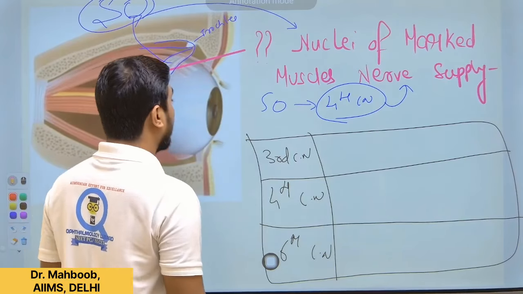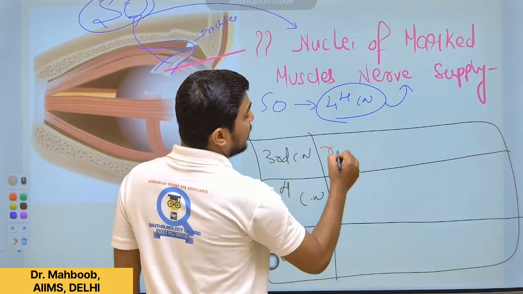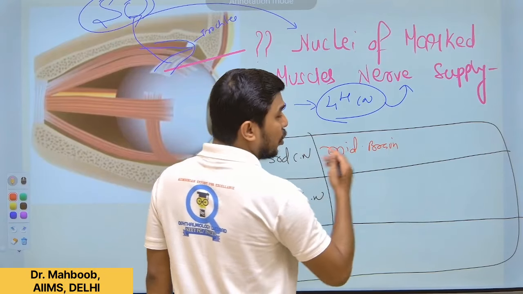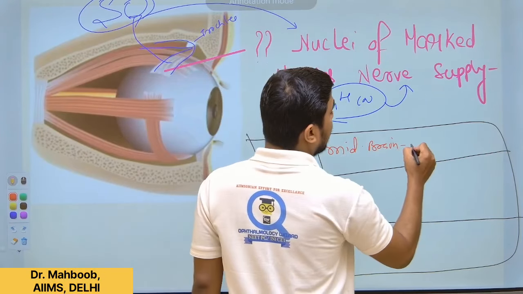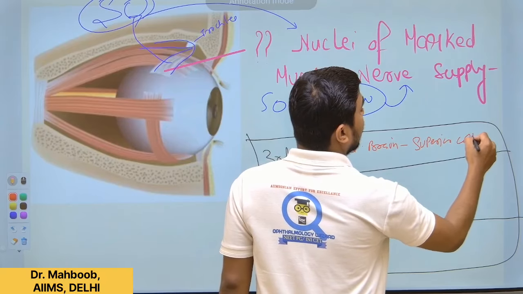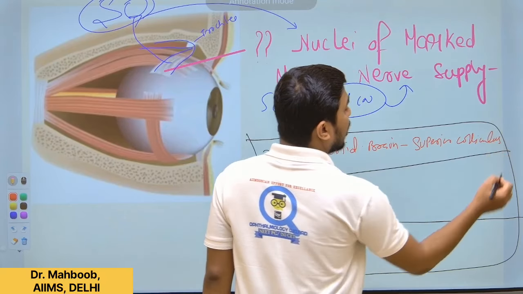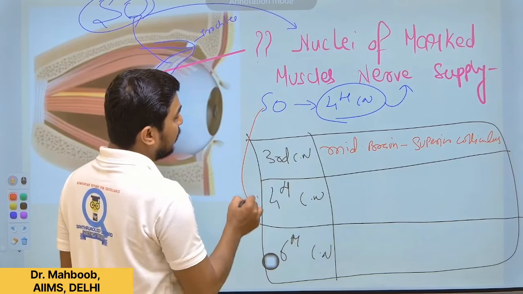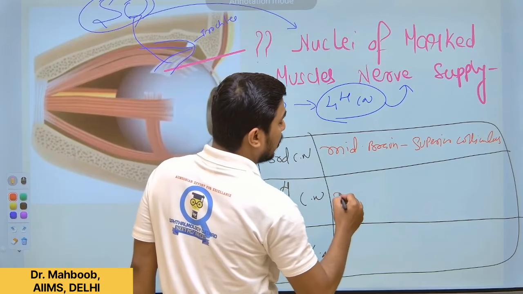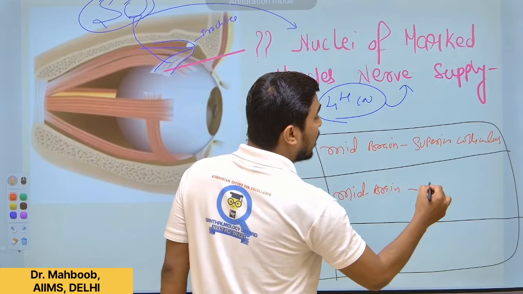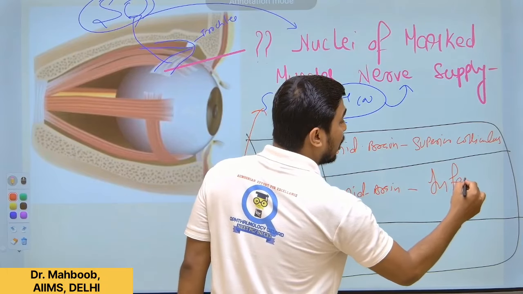You know what? The third cranial nerve nuclei is in the midbrain, at the level of the superior colliculus. The fourth cranial nerve, that is this one, is also in the midbrain only, but at the inferior colliculus.